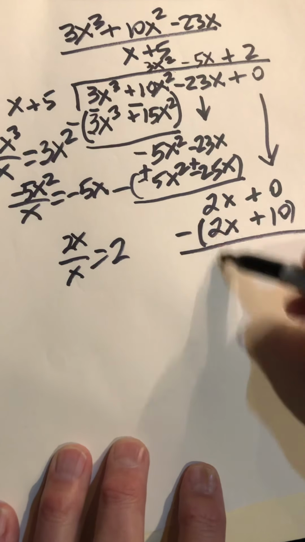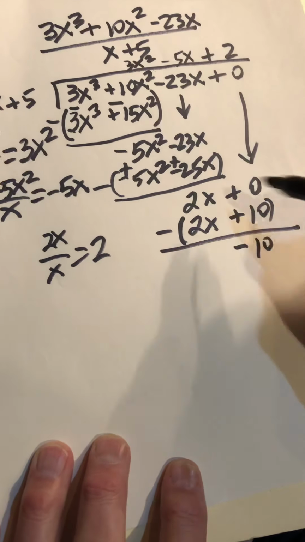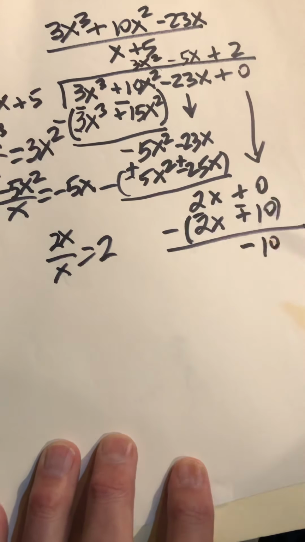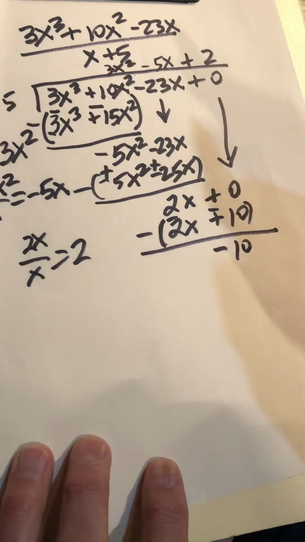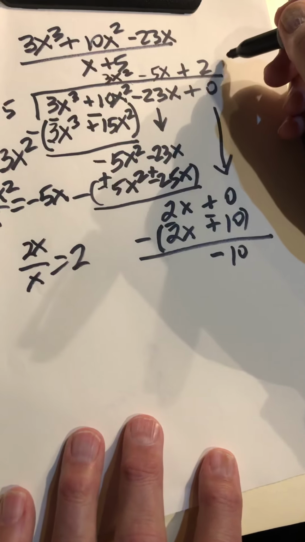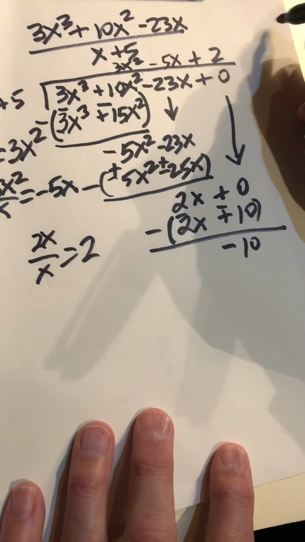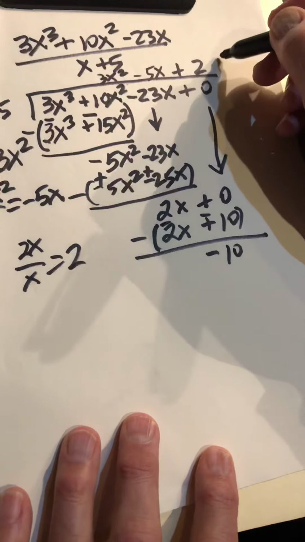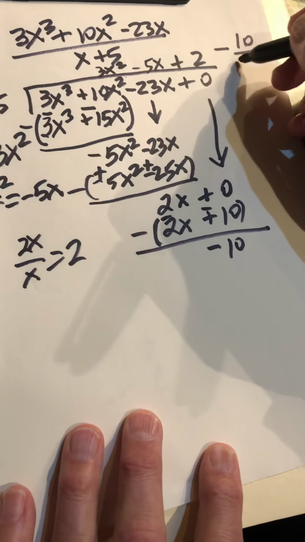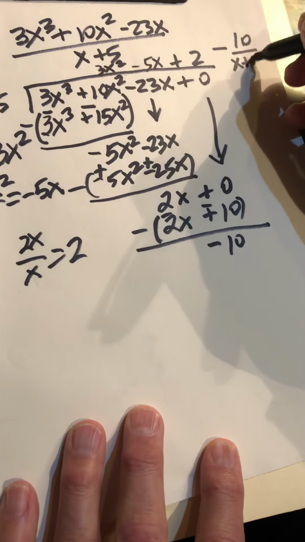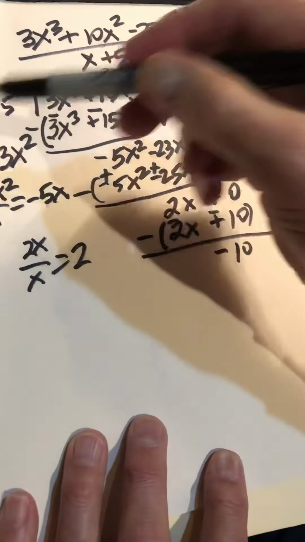That gives me a 0 pair, and this becomes minus 10 here, because this is a minus, this is a minus. 0 minus 10 is negative 10. That means my remainder is negative 10. Now I can write that plus negative 10 over x plus 5, or even better, I'm going to just make that a minus 10 over x plus 5. Remember that your remainder is always going to be over the original divisor.